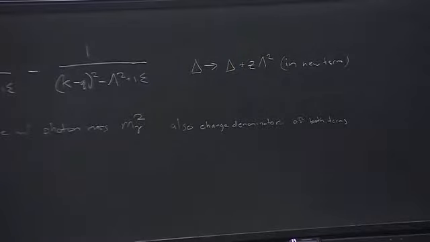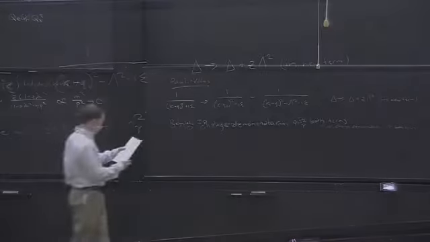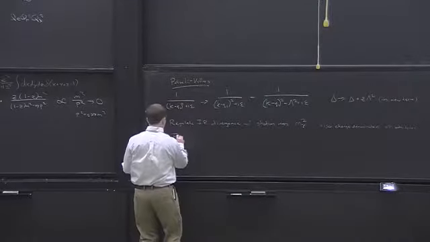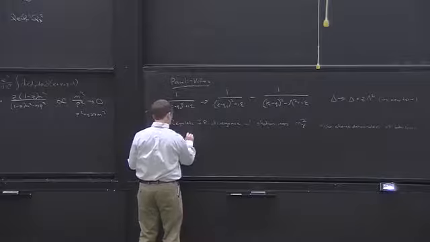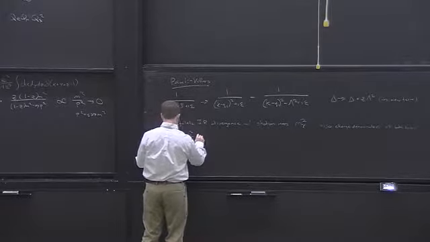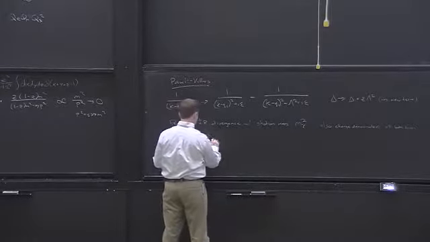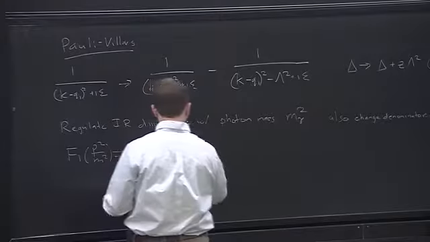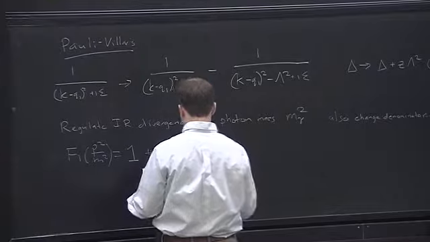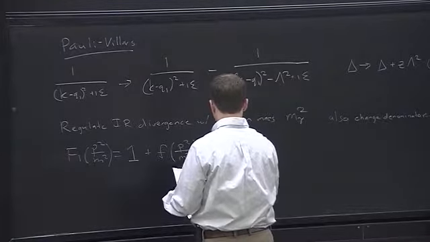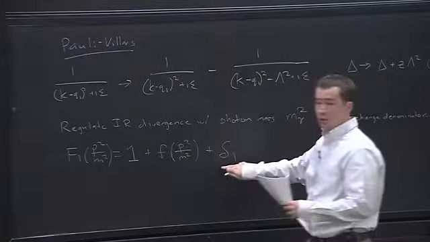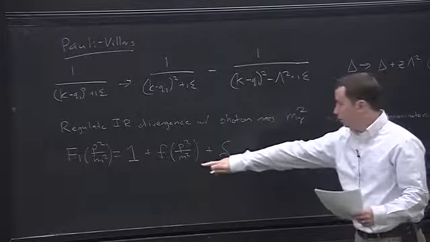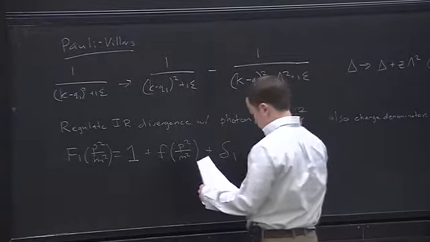And so after these changes, it's the same calculation we did yesterday, just with some minor changes, which I won't go through. What we find is that F1, which we said before was at tree level 1, so we'll pull out the 1, and we define this little f, which contains the loop correction. I'm going to separate out the counter term from f.